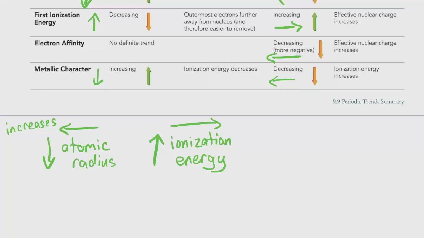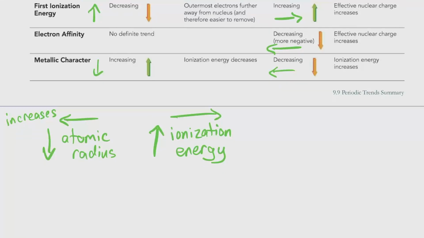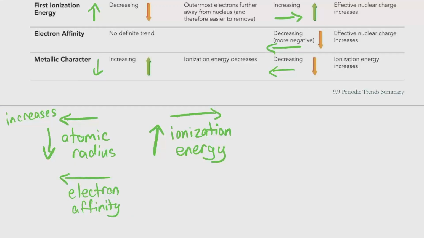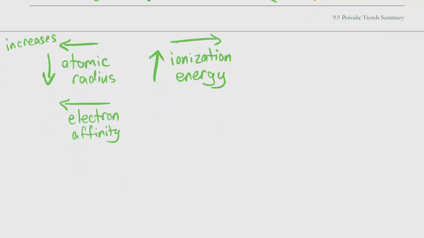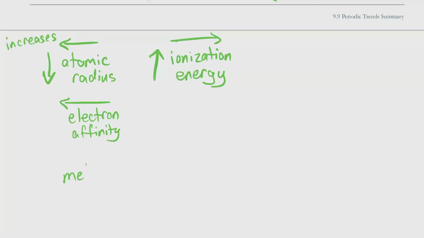Electron affinity decreases as you move left to right. There was not a clear trend top and bottom. So electron affinity is going to be higher on the left, which I think means less negative. And then metallic character also increases as you move down and to the left.